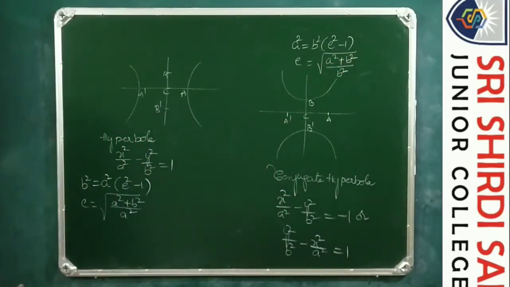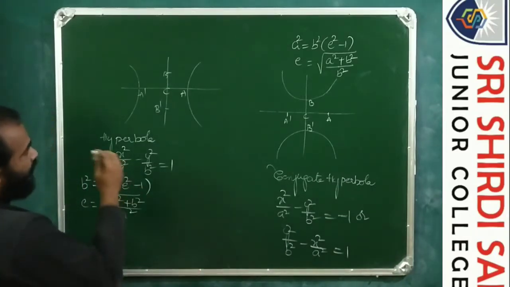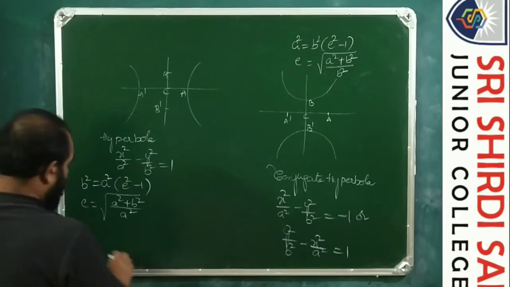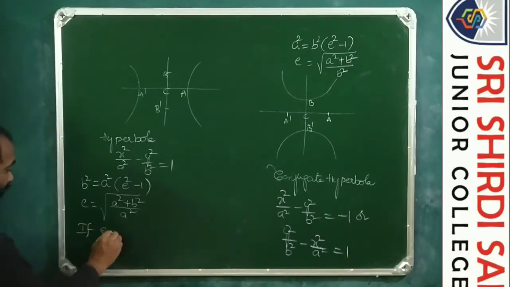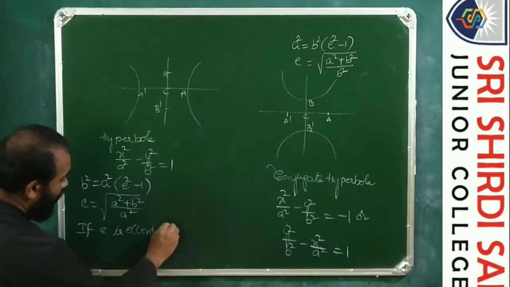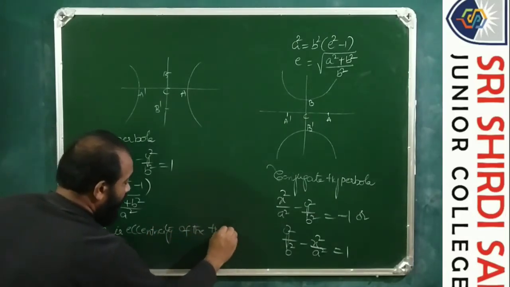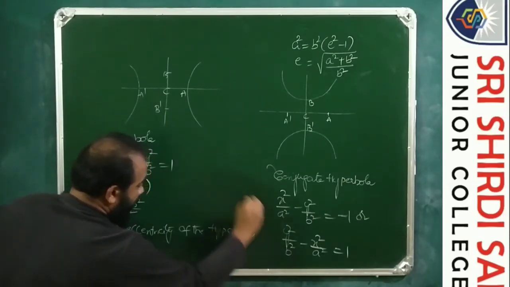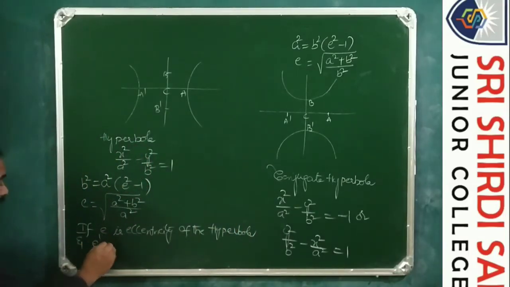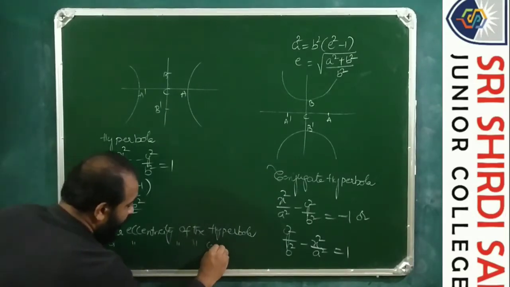Let us suppose e is the eccentricity of the hyperbola and e dash is the eccentricity of the conjugate hyperbola.